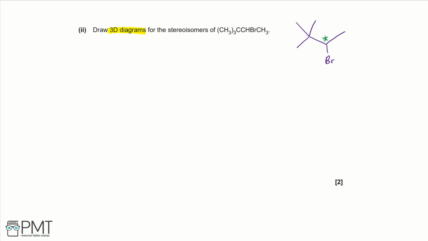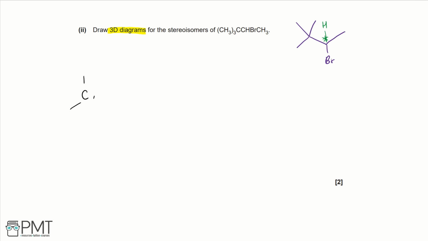So carbon has 4 groups attached to it. We have an invisible hydrogen here because in skeletal diagrams you don't draw on the hydrogens. But there are 4 different groups attached to this carbon. And because there are 4 groups on carbon, we're going to have tetrahedral wedges.